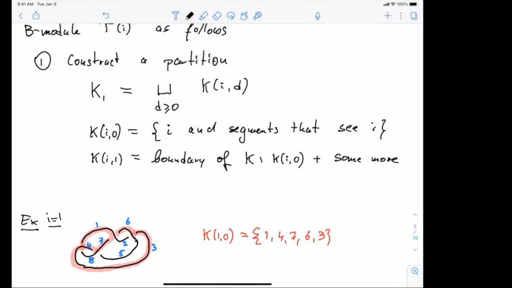And if I had defined what that means, then the other ones you just continue in the same way recursively. There will be K_I^2, K_I^3, and so on, but I should point out here that this is a finite union.